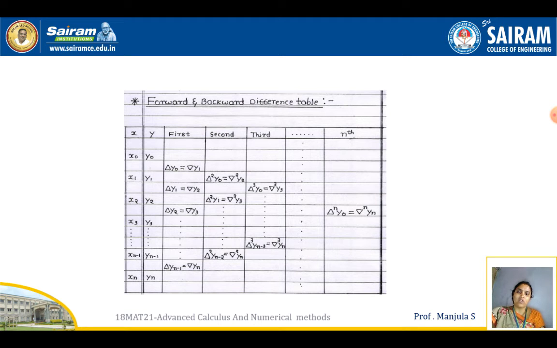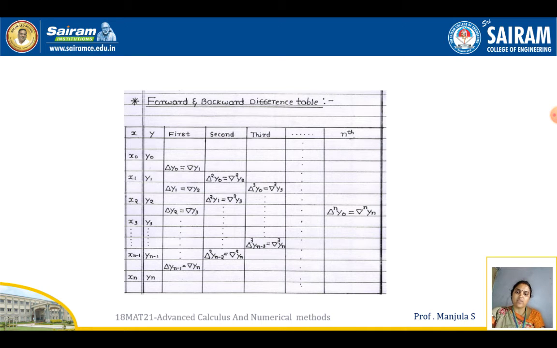In the second forward differences, del square y0, del square y1 and so on up to del square yn minus 2. The next is del cube y0 up to del cube yn minus 3, and the last value will be del n y0. This is the forward difference.